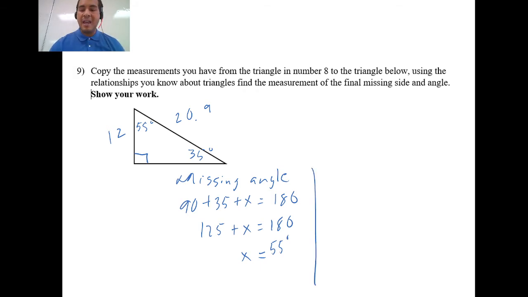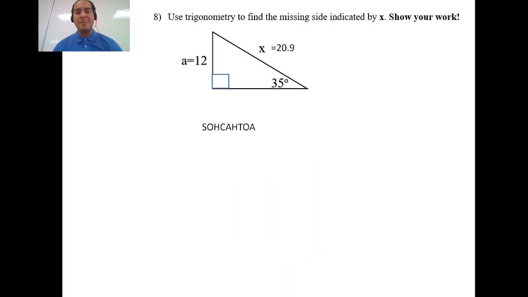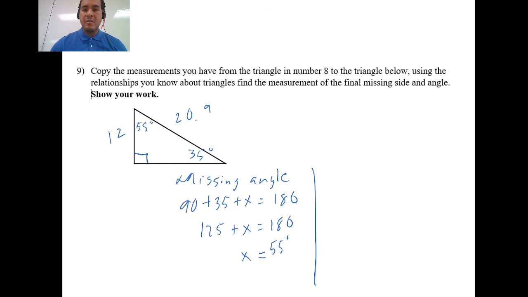For the missing side, though, we will need to use our SOHCAHTOA that we used in our previous problem. So let's go ahead and set ourselves up to find the missing side. Now we could either use the 55 or the 35 as our reference angle. Since we did the 35 earlier, I'm going to use it again.